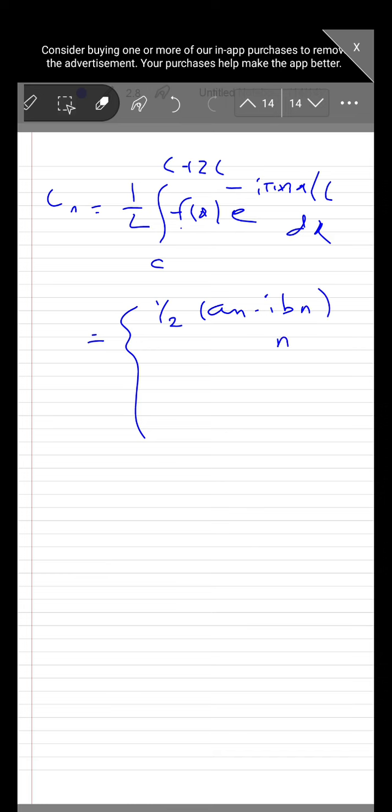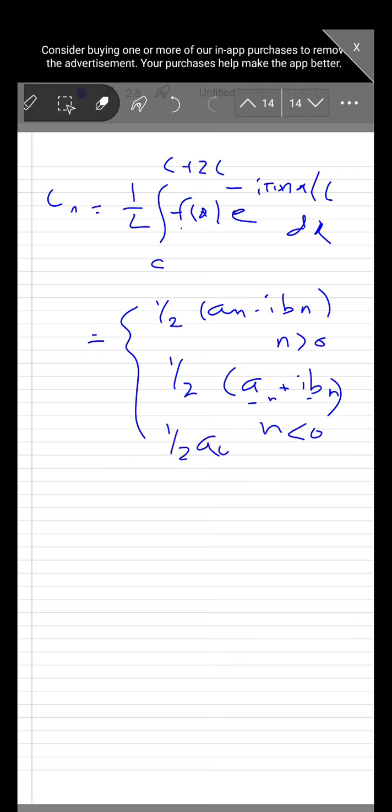If n is less than 0, it is 1 by 2 (a minus n plus i b minus n), and 1 by 2 a0 if n is equal to 0. So there are three conditions.